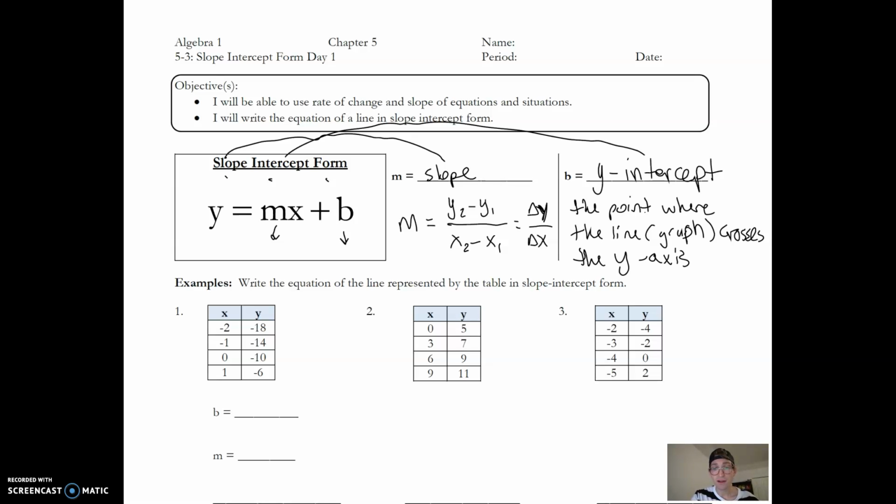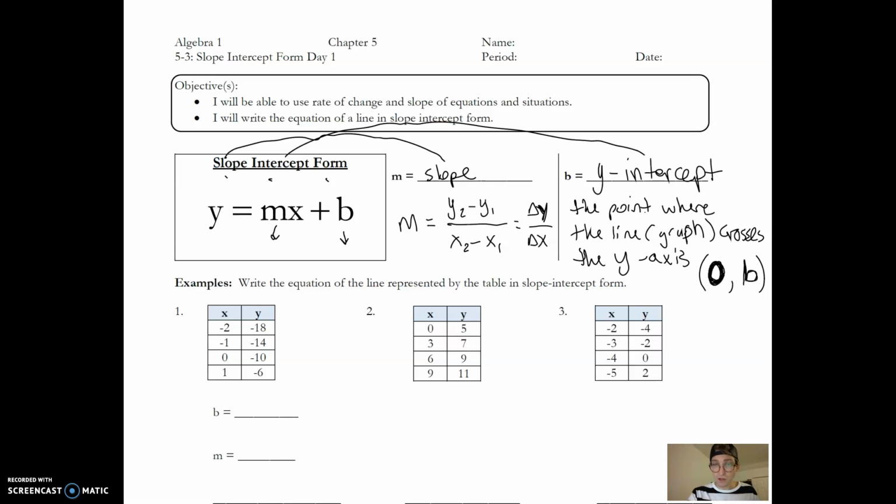Another thing to know about the y-intercept, if it crosses the y-axis, its x-coordinate will always be 0. So you'll know the y-intercept if it's 0 comma some number. I'm going to write b just because we label b as our y-intercept in our slope-intercept form.